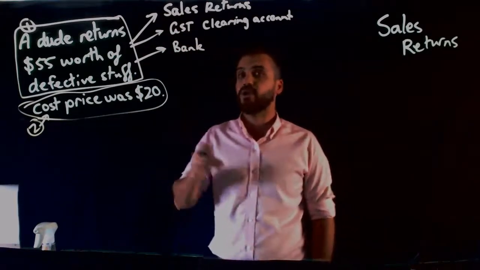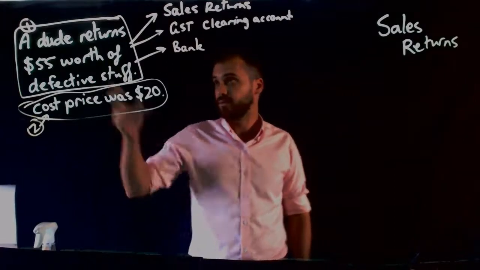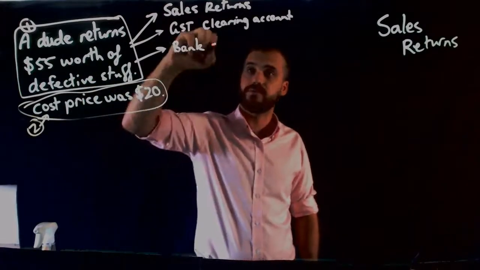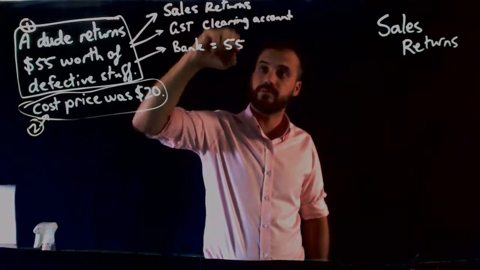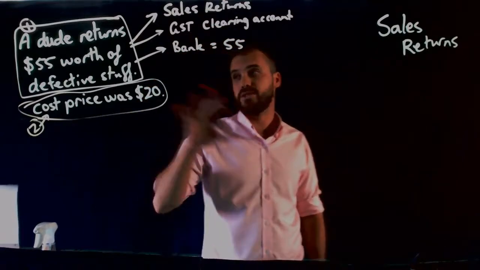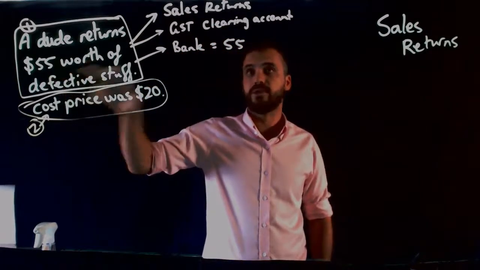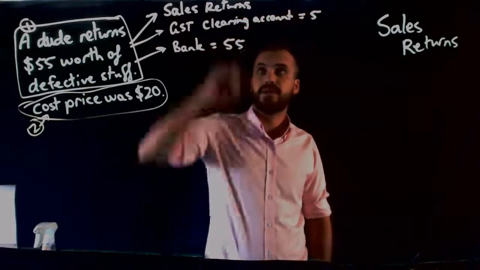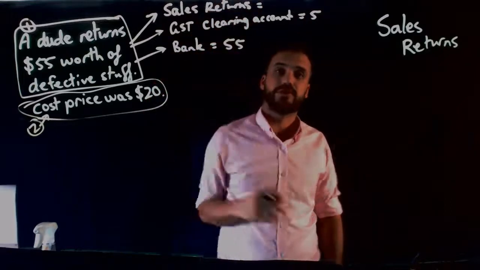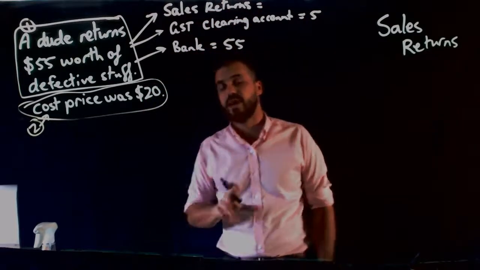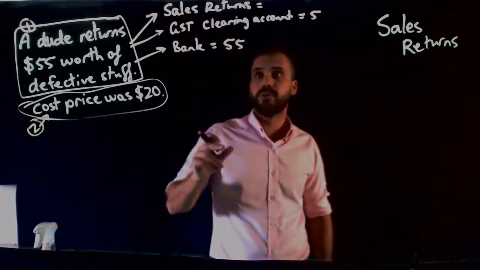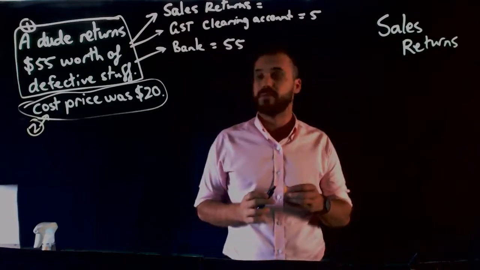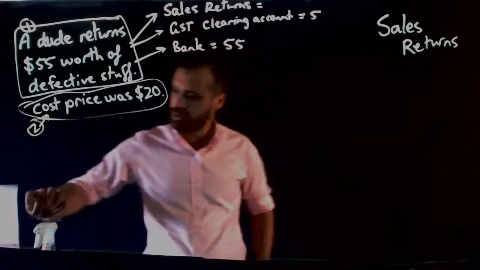Now, first of all, we've got to give the guy his money back. $55. Now, this is one of those easy ones. The GST clearing account, that's going to be $5. And the sales returns. Now, sales returns is a new account that you haven't seen before, but it's what we would call, I haven't left myself a lot of space here. Let's do it down here somewhere.